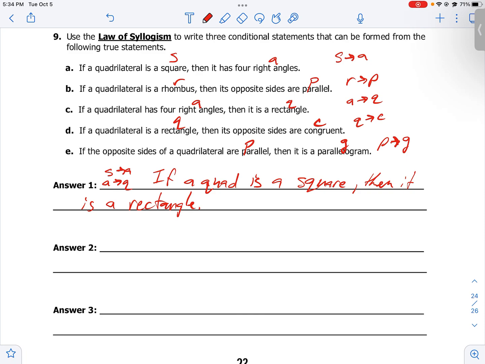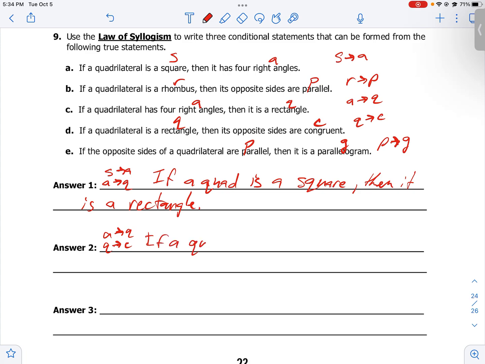Let's check another. Let's see what we can come up with here. I got an A and a Q and a Q and a C. So A, then Q, and Q, then C.